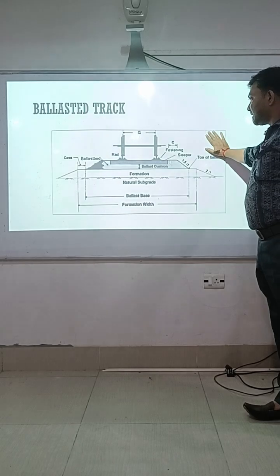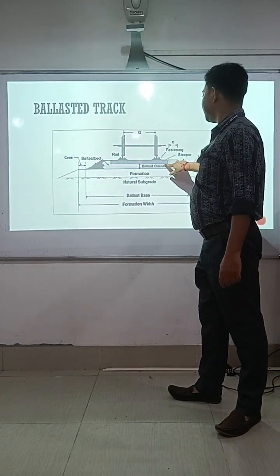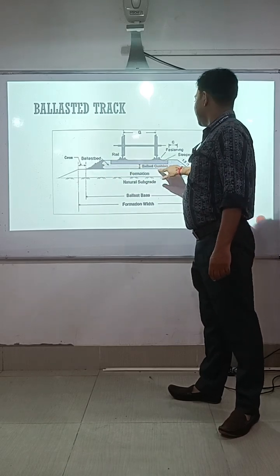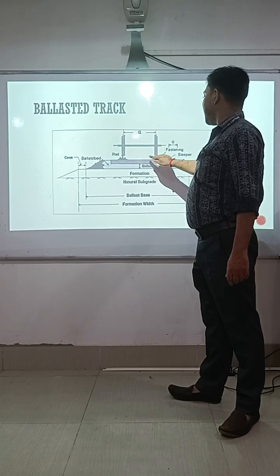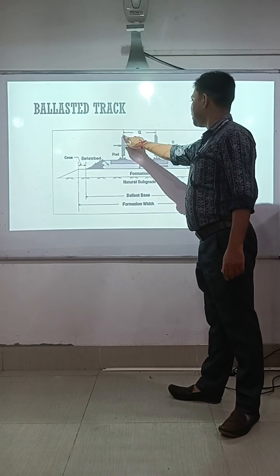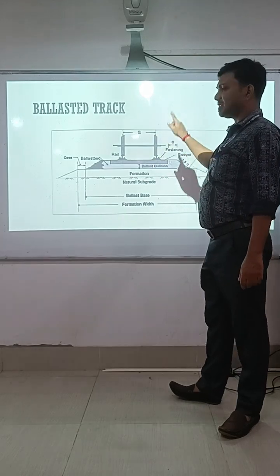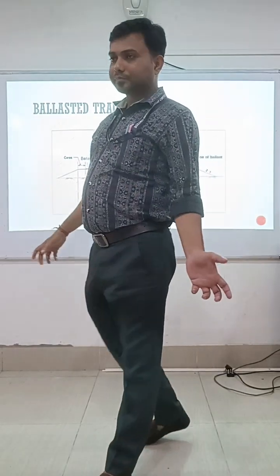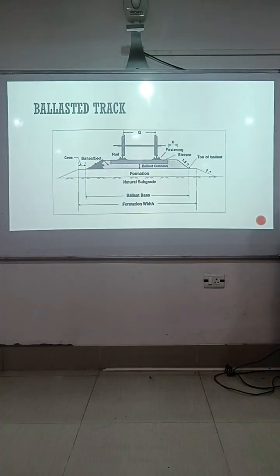This is the ballasted track. When these ballasted portions are not provided, then only the sleeper is placed after the formation level, the rails are fastened with the sleeper, and then the wheels will be there. Then that track will be the ballastless track, and this is the main difference and significance for the tracks.